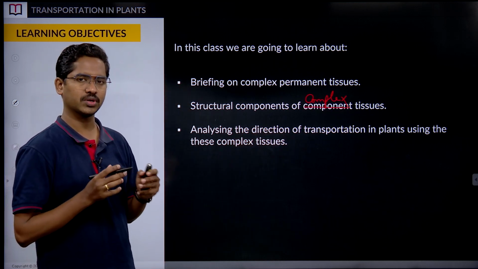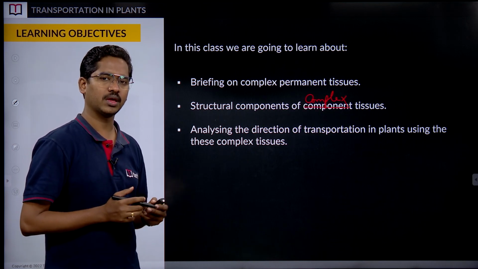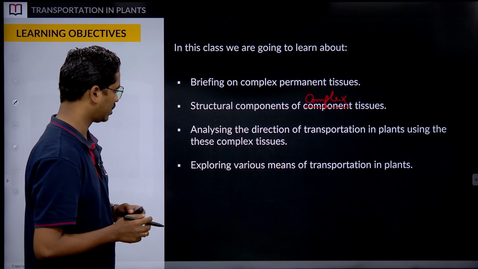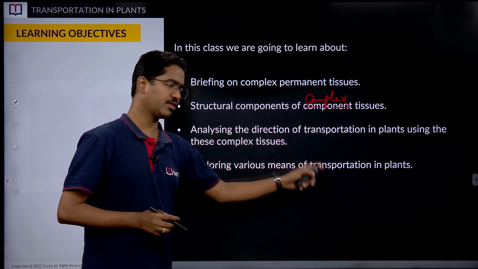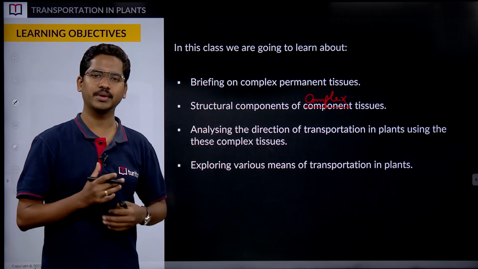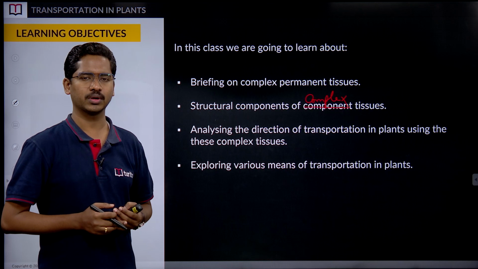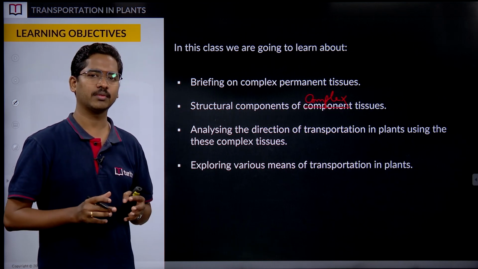So, we will look into their structure and we will understand how they are functioning. What is it that they have within themselves that makes them function like that. And we will also explore the means of transportation in plants. We will look into the tissues which are helping in transportation. We will also understand their structure. We will see how many of them are available.